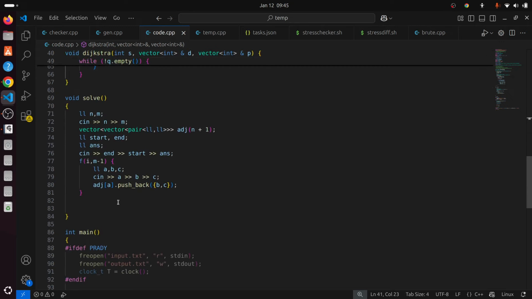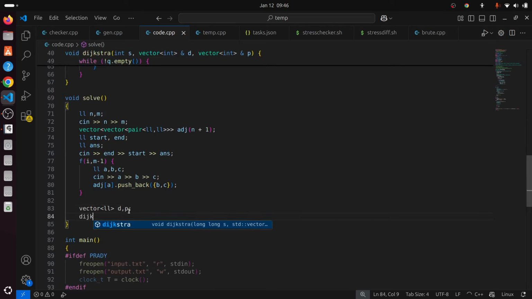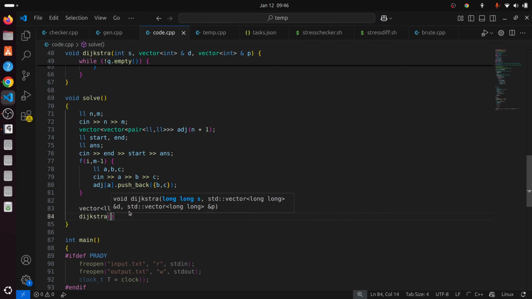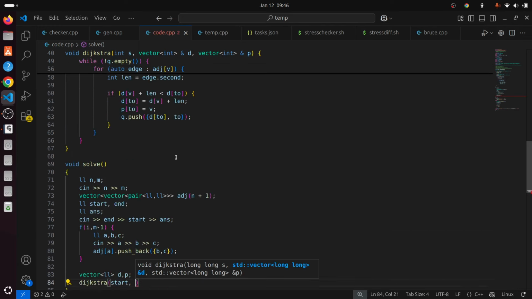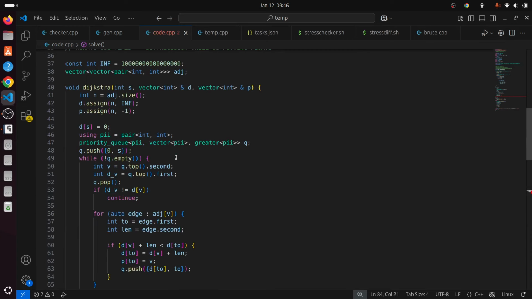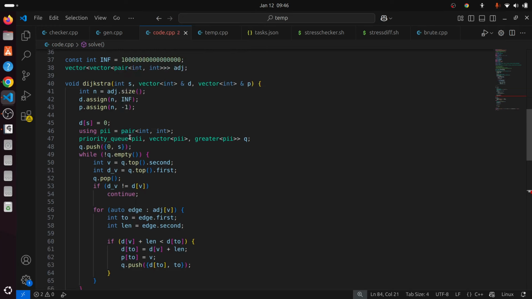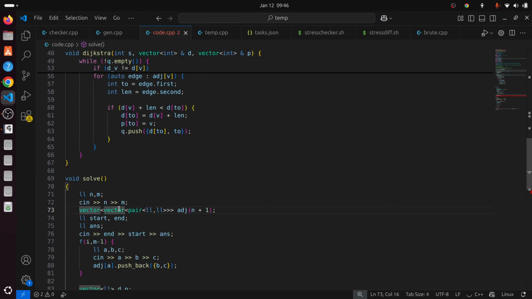So I'll call the Dijkstra function with my two vectors. Adjacency list. Okay, source. So start at this node. The adjacency list is not taken in this code. So they are using a global adjacency list. So I'll make it global.